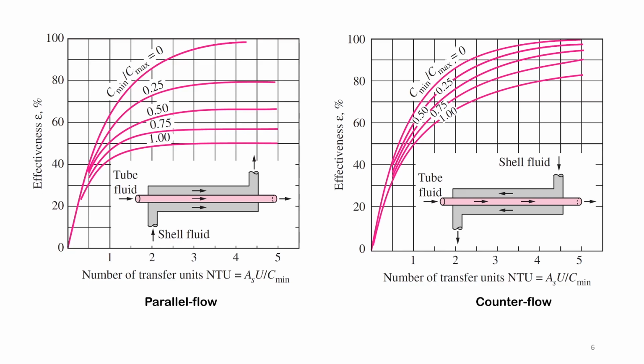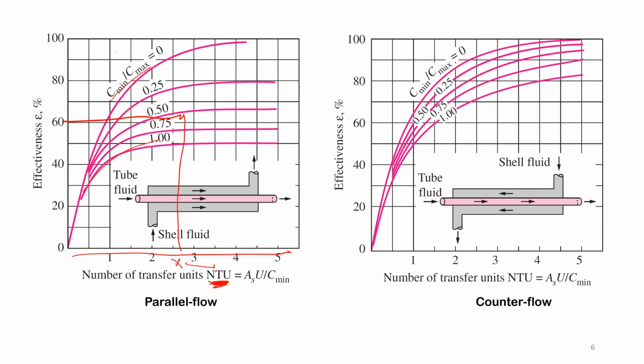The x-axis is your NTU value, and you have different curves for different capacity ratios, Cmin over Cmax. So you read your NTU, find the curve that corresponds to your capacity ratio, and find the effectiveness.